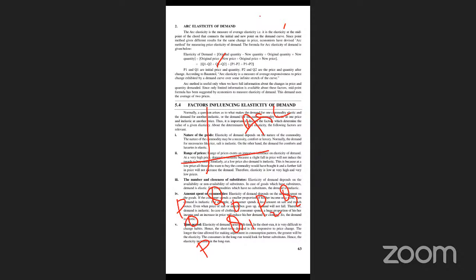Now, this method is useful when one has complete information with respect to change in price. You can see that the elements you require in the formula are the basic initial price and quantity: what is the price and what is the quantity demanded, followed by the change in the price and the change in the quantity. From the basic price and quantity demanded, what is the change?